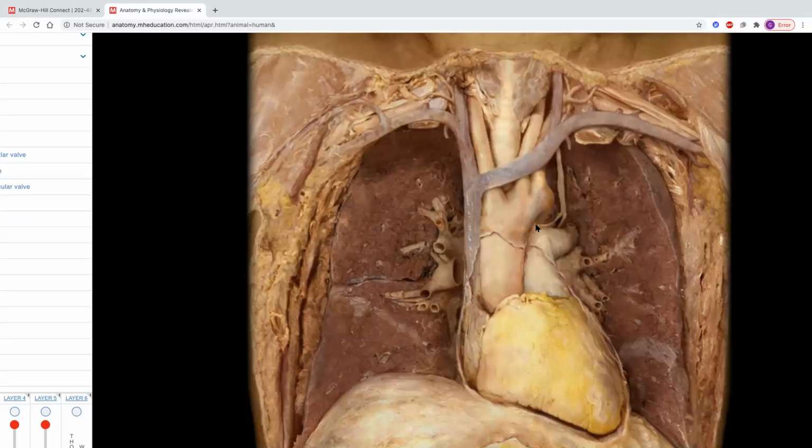Would blood want to go through this small, tiny connection? No. So we resume normal blood flow to the lungs just with our first few breaths. This connection becomes scar tissue that we call the ligamentum arteriosum. Another word on our word list.